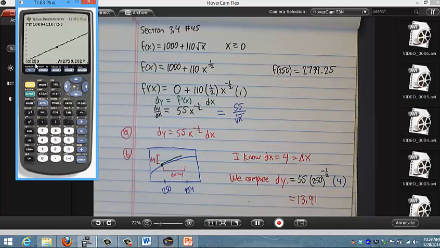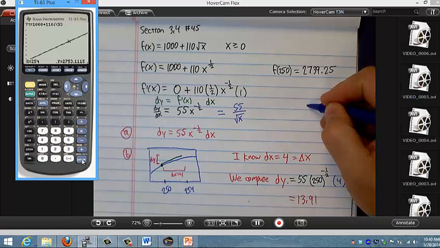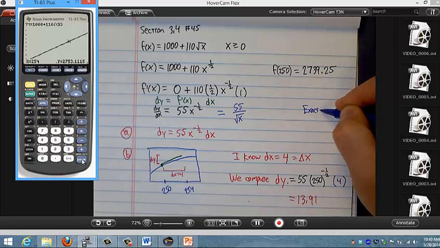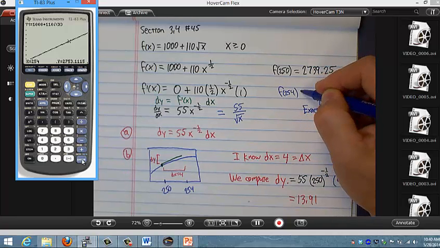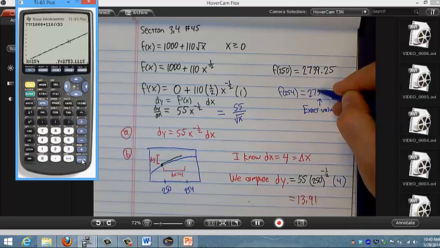That's what it says. Actually, because it's on my graphing calculator, I could tell you exactly what we'll pay. I'll just put in second calculate a value 254. So what I know is the exact value is right here. 2753.11.